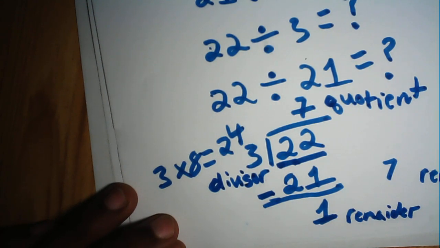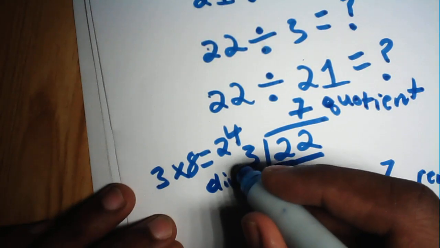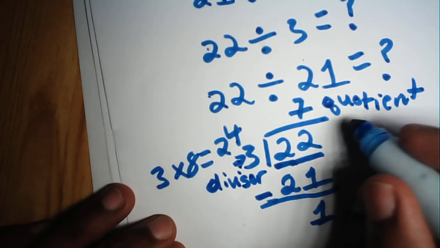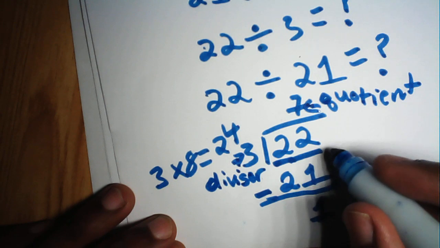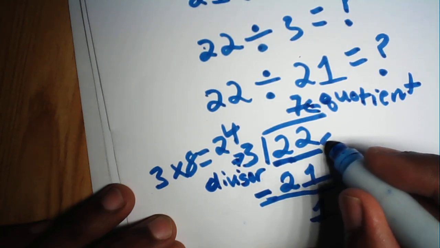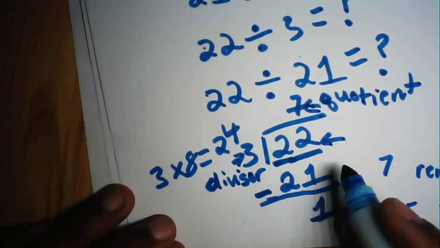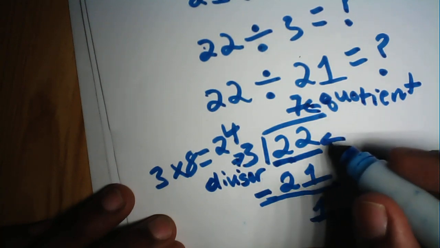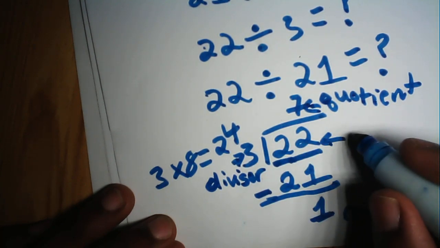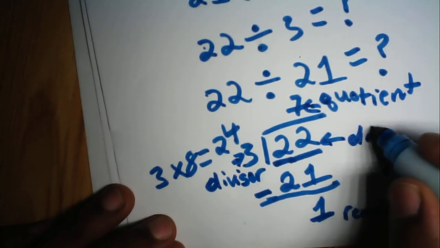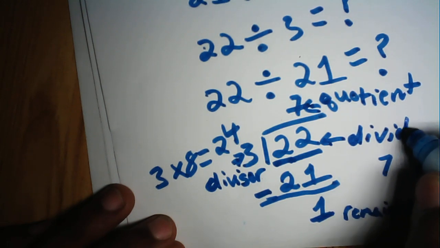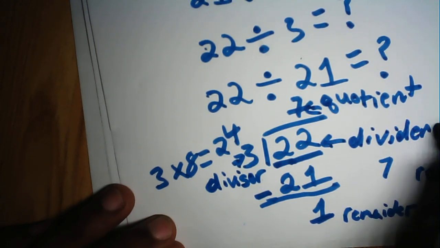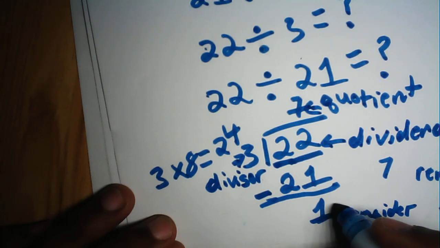And the bigger number that you're dividing into, the one that you're breaking apart, is your dividend. So the thing that you're dividing into.